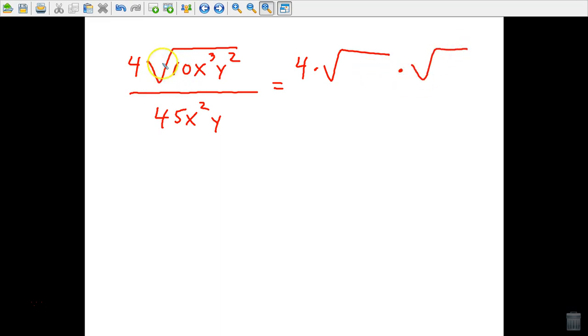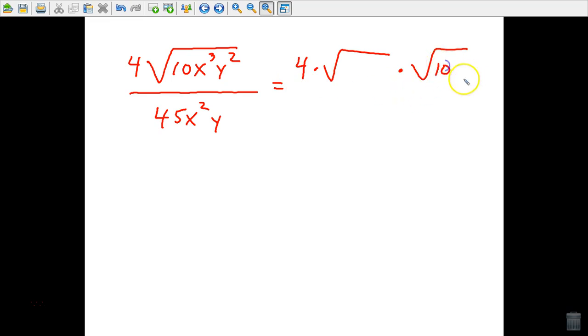Perfect group times non-perfect group. Well, 10, let's start there. 10 does not have a perfect square root. It also does not have a perfect square root factor. 4, for example, doesn't divide into 10 evenly. 9, another perfect square root number, doesn't divide into 10 evenly.